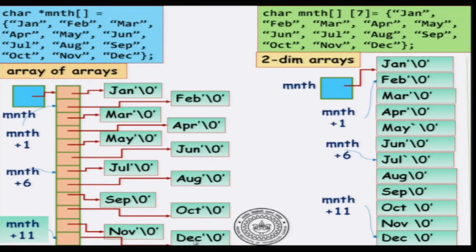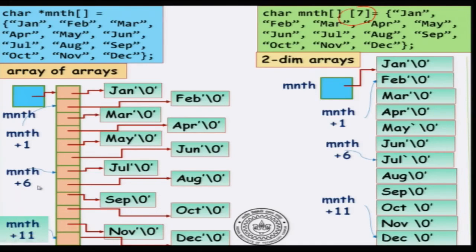So, contrast this with 2-dimensional arrays, where the chief feature of a 2-dimensional array is the following. You have to specify the number of columns, and no matter what the exact string is, it will occupy 7 characters. So, the remaining will be null filled or something.